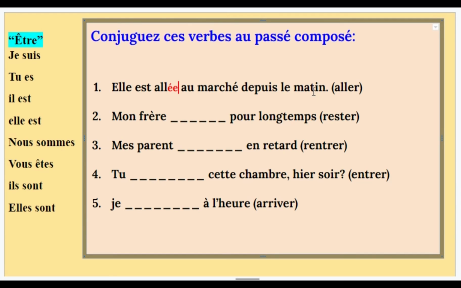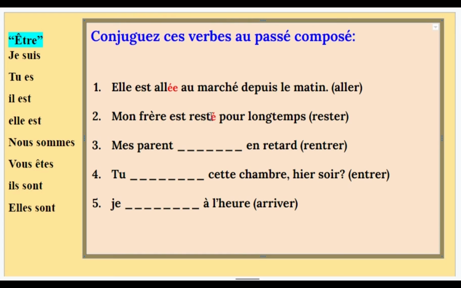Now the second sentence is mon frère dash pour longtemps. The sentence wants to state that my brother stayed for a long time. Rester. So here, mon frère, we are going to conjugate it with il. It's going to be mon frère est resté.